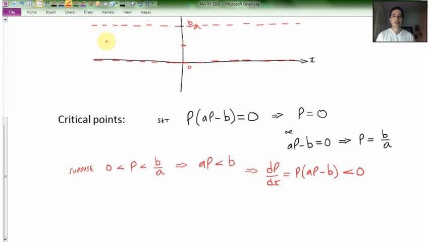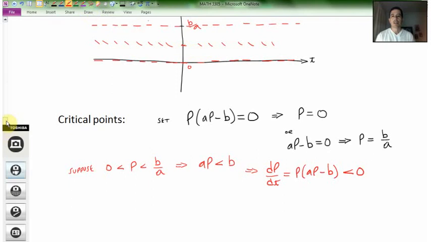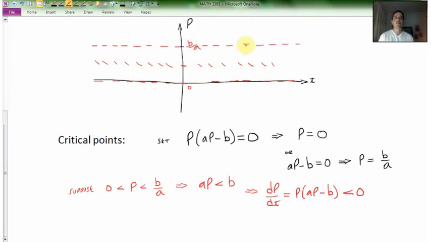So we know that in this region here, the derivatives are negative, which means the slopes there are all negative. Instead of drawing the whole direction field, we could simply draw the phase portrait. That's why in the book they reference phase portraits like this. And so here is B over A, here is 0, and we know the derivative here is 0.